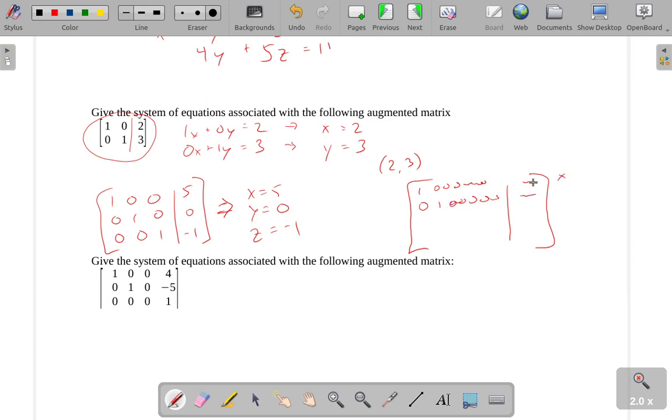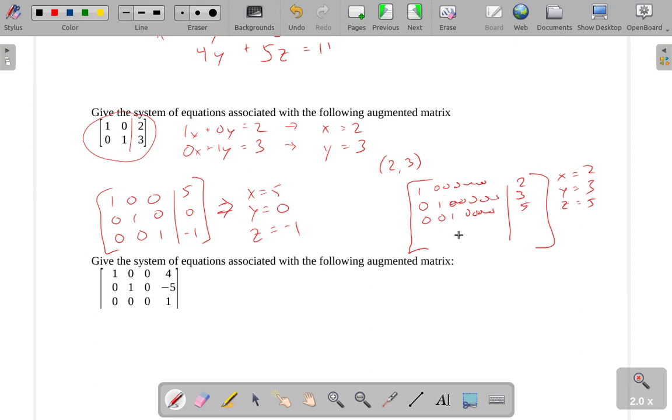This first line would represent x equals 2, and this line would represent y equals 3. Then 0, 0, 1, with a bunch of other zeros. This one would be maybe a 5, so z equals 5. I kind of ran out of variables here, but you get the idea.